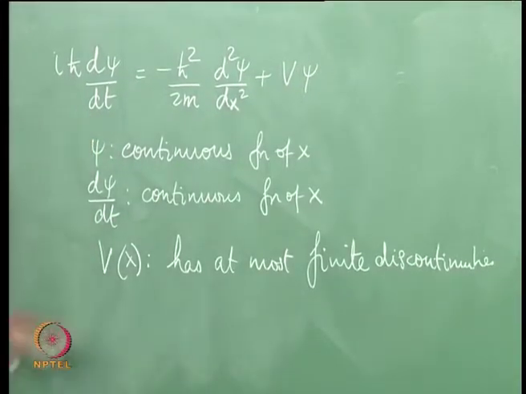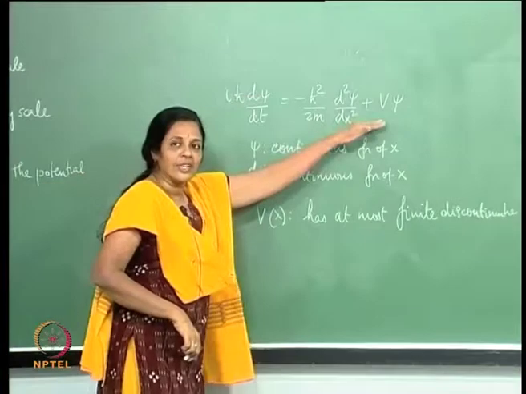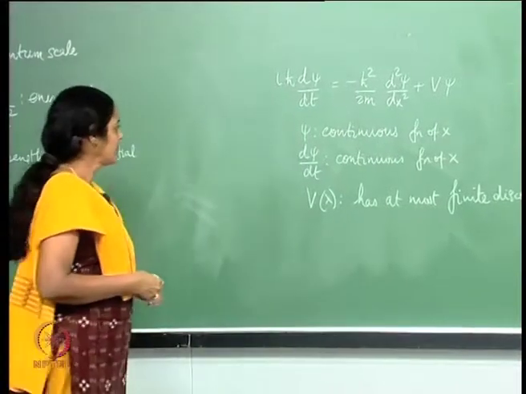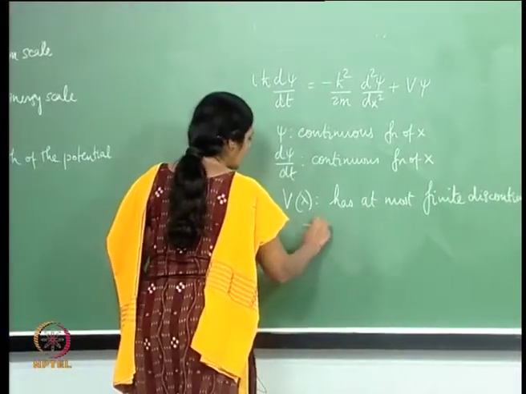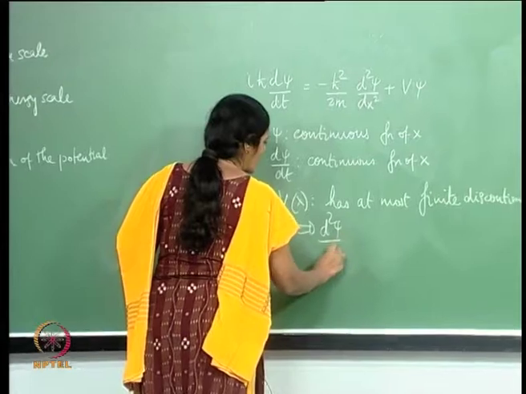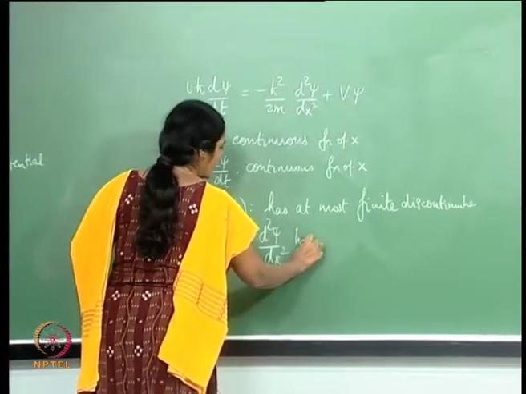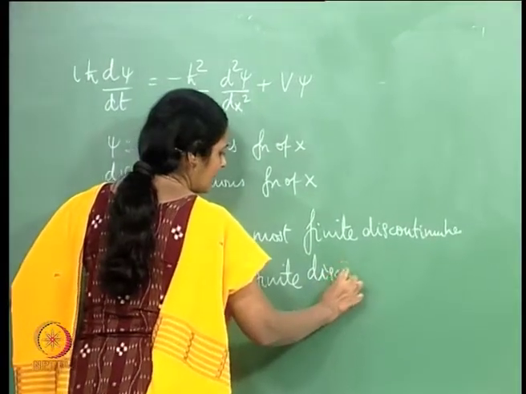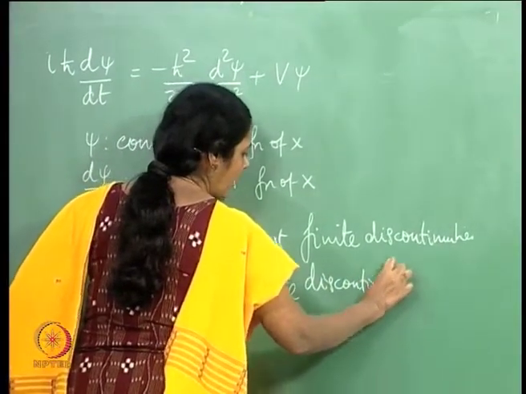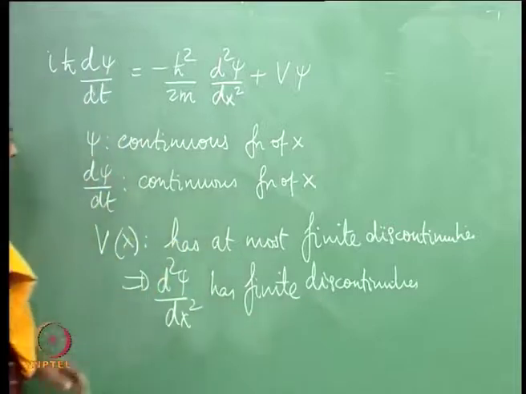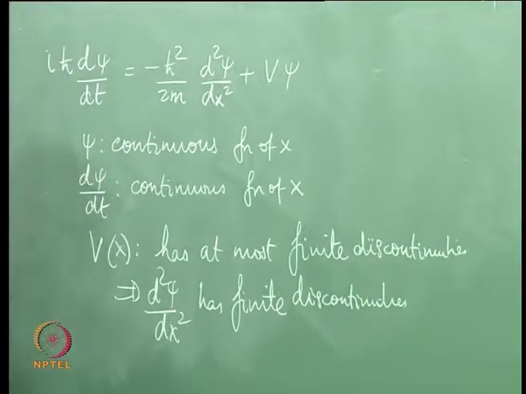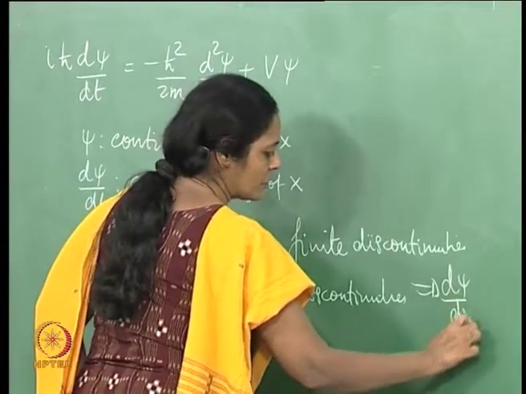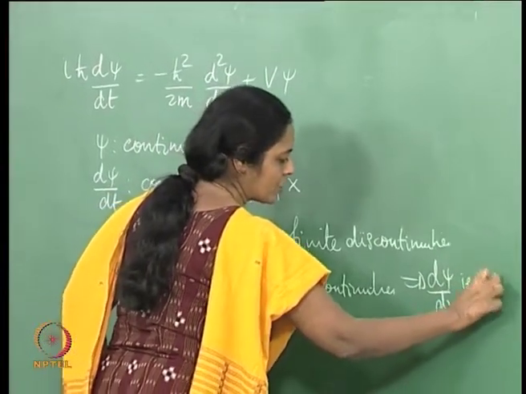And therefore, between the two terms in the right hand side, these discontinuities should cancel out, which means d2 psi by dx squared, the second derivative, has finite discontinuities. In order to cancel out these discontinuities in the potential V of x, that implies that d psi by dx is continuous. It is a continuous function of x.